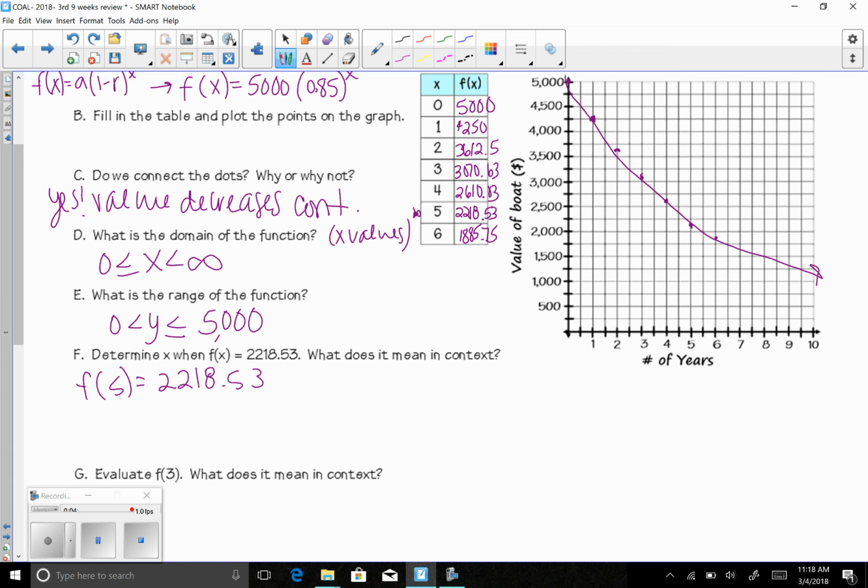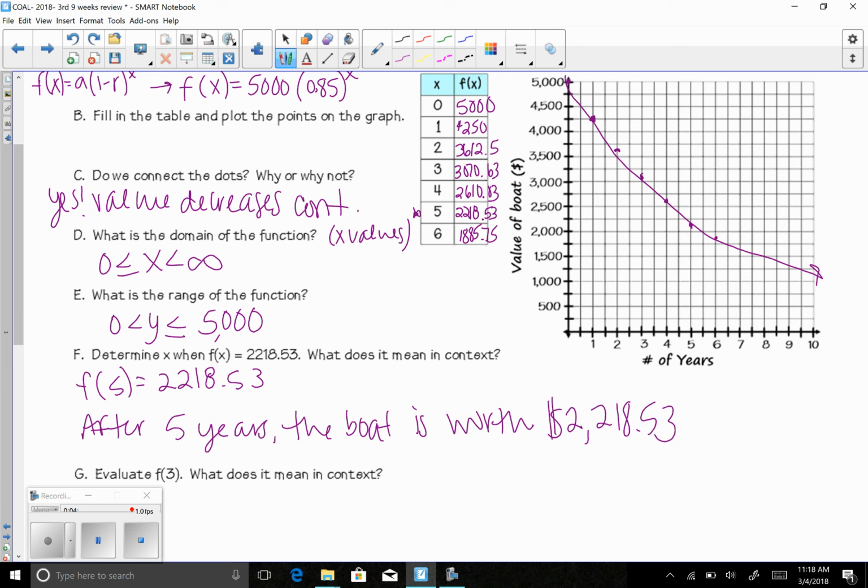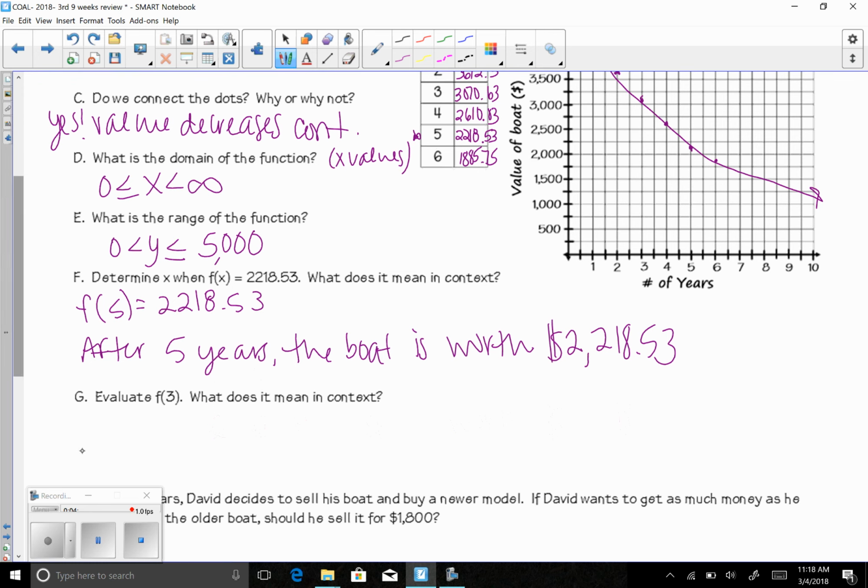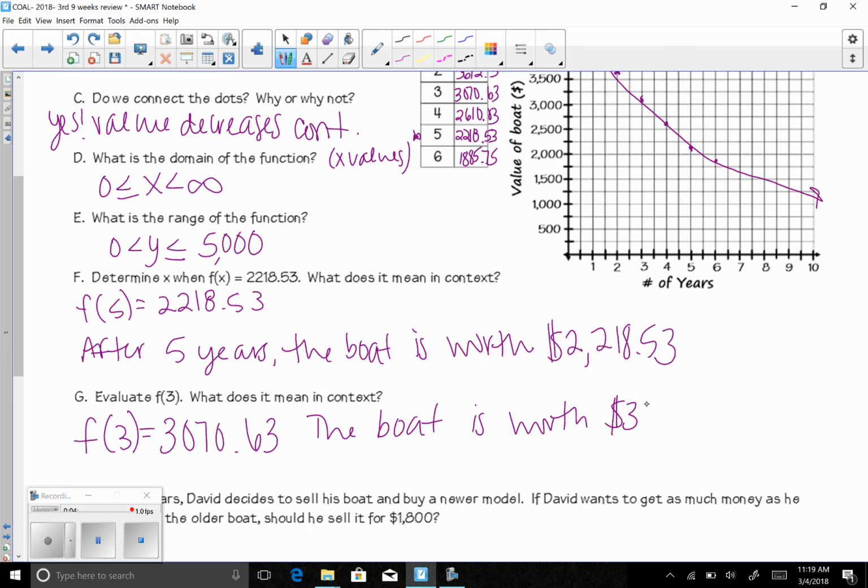So that means after 5 years, the boat is worth $2,218.53. Okay, so evaluate f of 3. We've already done that. You've got the table. f of 3 is $3,070.63. And that means the boat is worth $3,070.63 after 3 years.